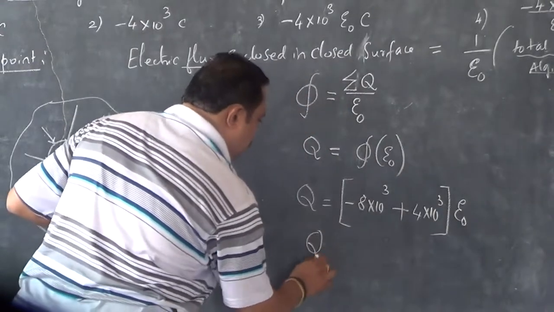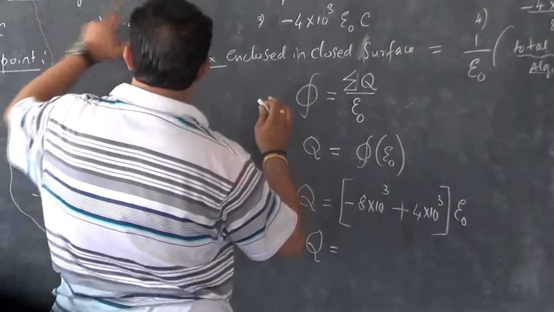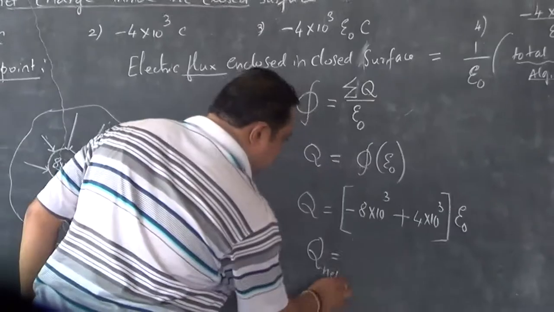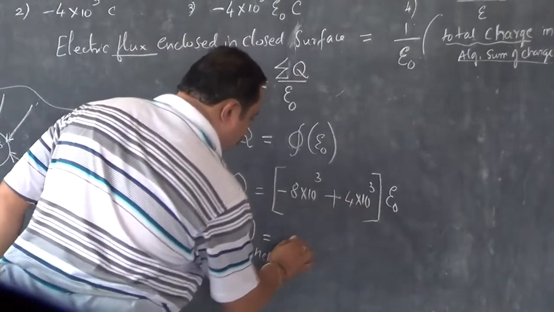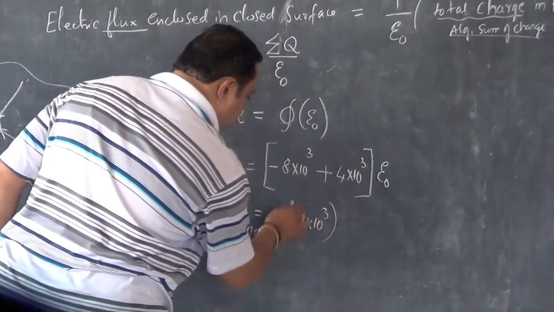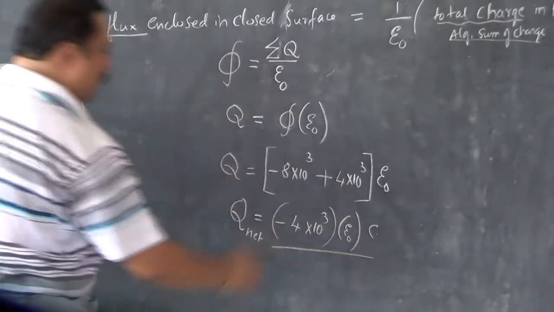So q net, the net charge inside the Gaussian surface, becomes minus 8 plus 4, which is minus 4 into 10 to the power 3 into epsilon naught times so many coulomb.